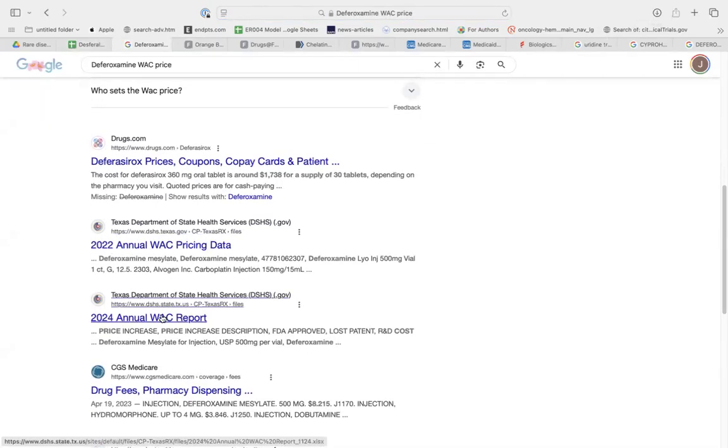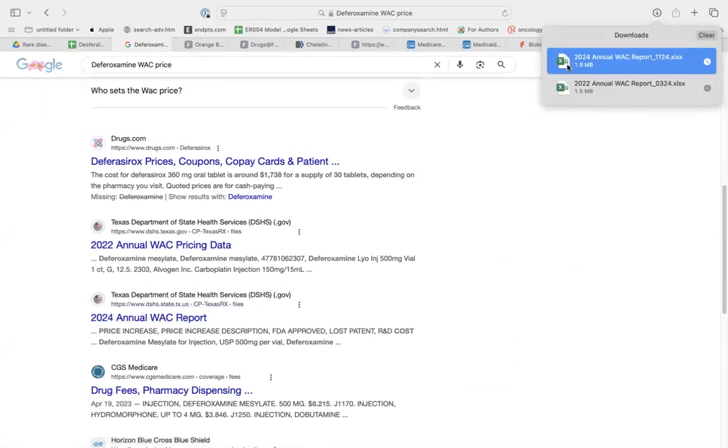Actually, wait, if there's a 2024 report, let's use that, right? Sorry, the screen sharing's paused because I'm using a different tab. I'll just tell you guys what I see.